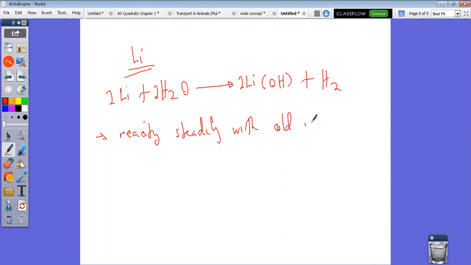What's the other observation? Hydrogen is produced, and hydrogen is a gas.